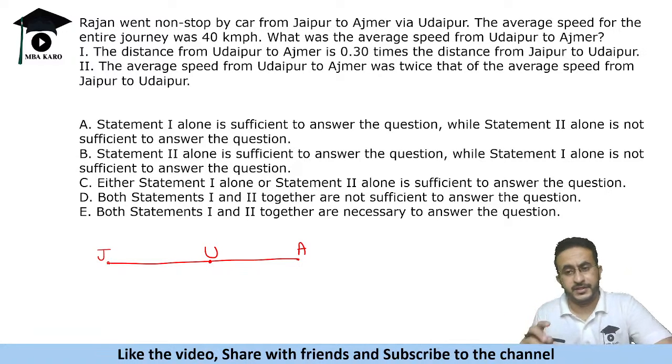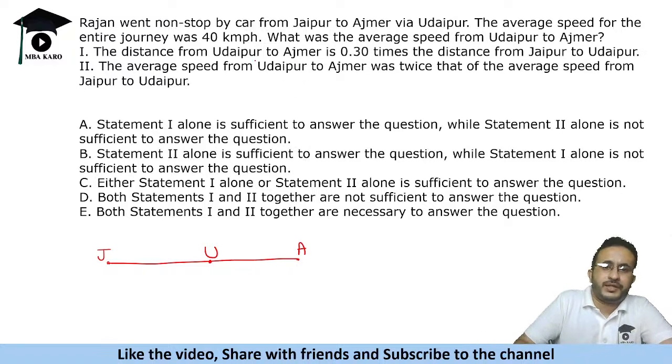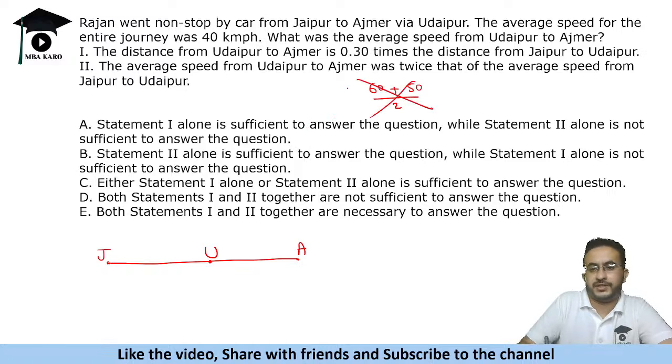Now in time speed distance, you should know this particularly, that average speed is not the average of speeds. For example, if I give that speed is 60, speed is 50, some people divide by 2. No, that is not average speed. Average speed is basically total distance upon total time.